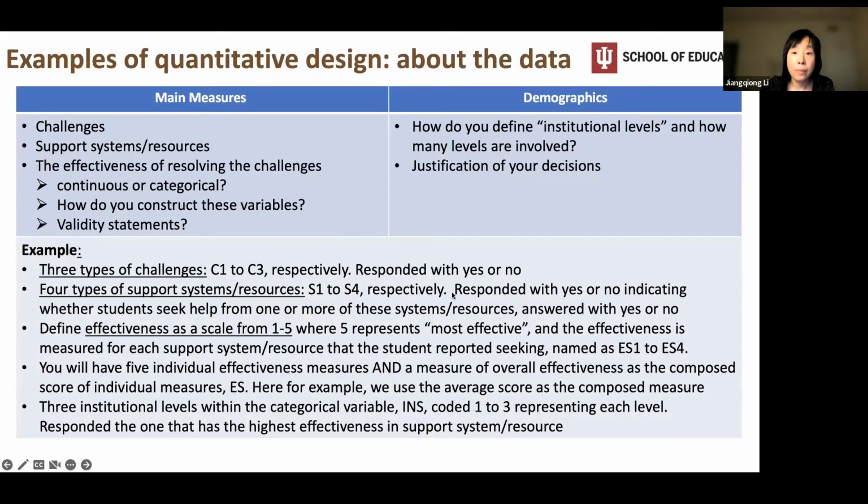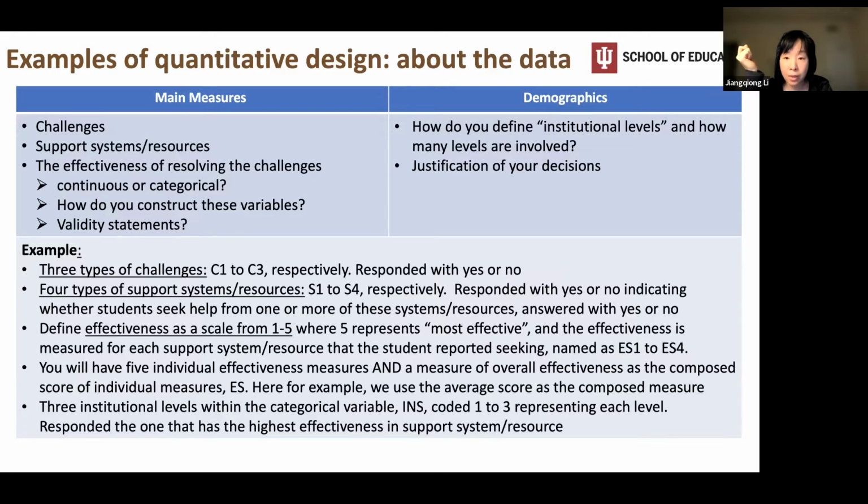When you collect data, before you send out your survey, you should first have an idea how many variables you should include in your final data. What are the measures of those questions, or so-called variables, and how you're going to design each of the questions.